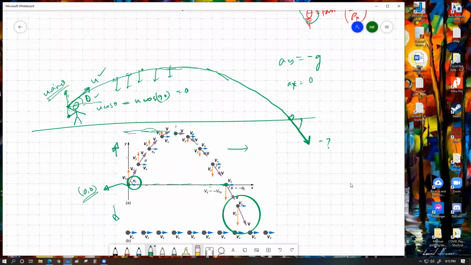In that case, that would be a perfectly vertically thrown projectile. It's going to go just vertically up, reach maximum height, and then vertically fall down to the exact same point. That can also happen. In this case, the horizontal velocity is 0 for the whole scenario, because there is no horizontal component. We're only going to work with the vertical components. This is something that we call vertical projectiles.